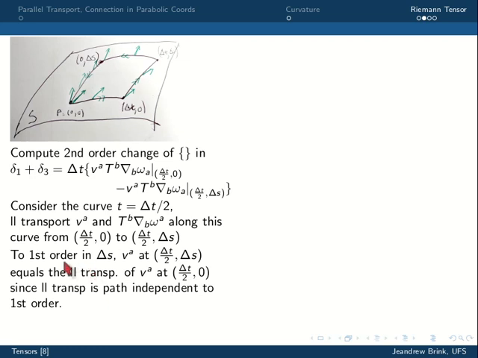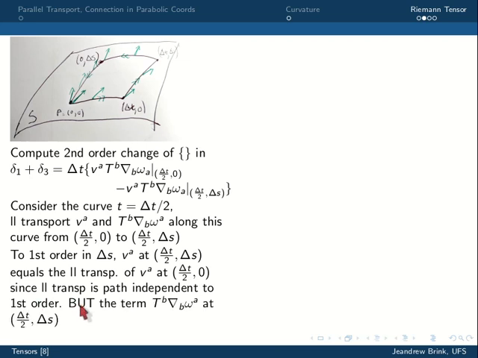Okay, and in first order in delta S, V A at delta T over 2, delta S, in other words there, is equal to the parallel transport of V A at delta T over 2, 0. So it's equal to that guy, okay? Since the parallel transport is independent of first order things.